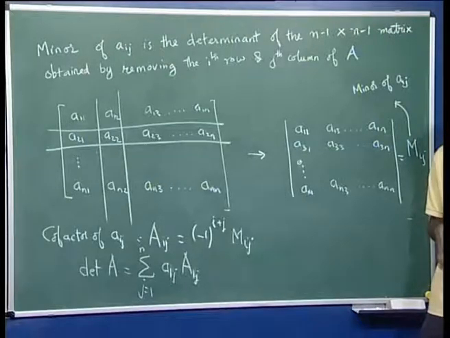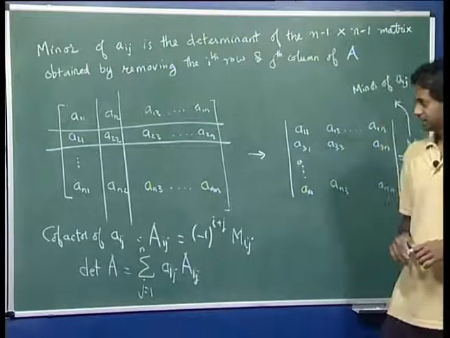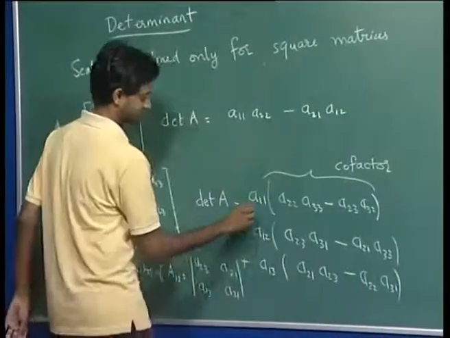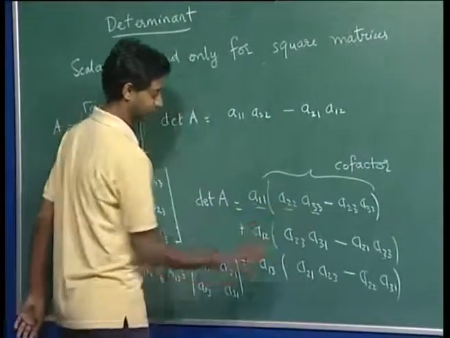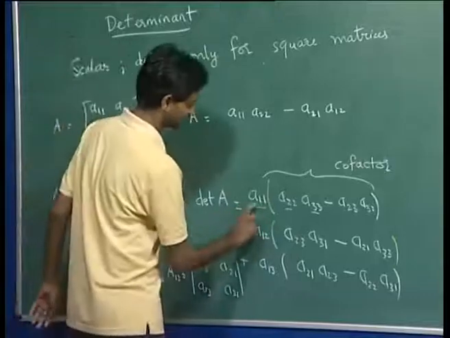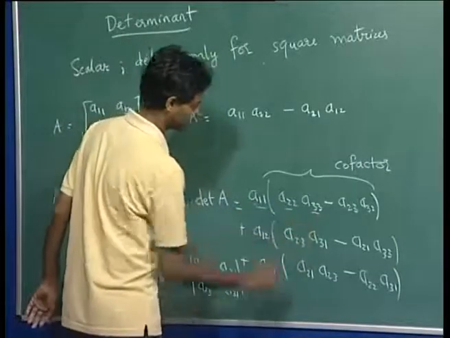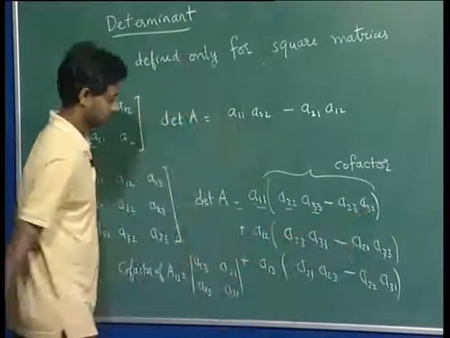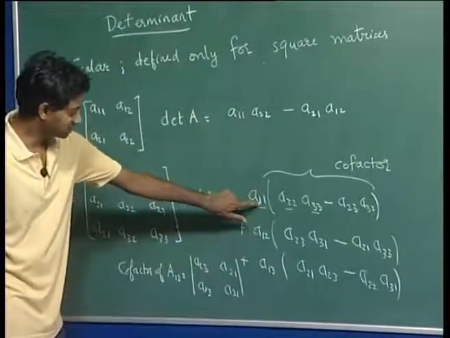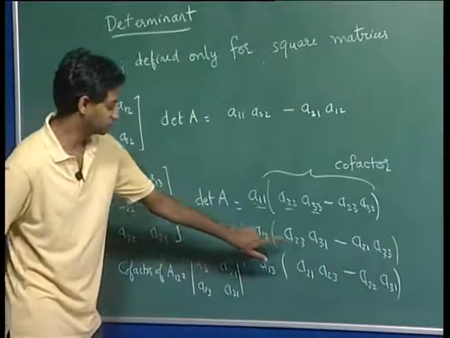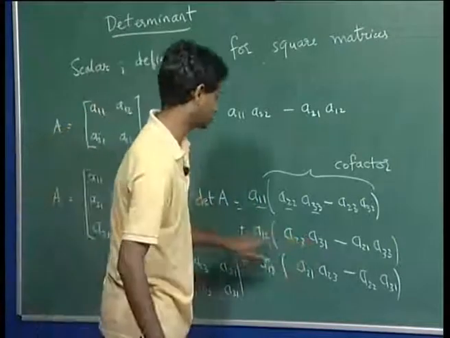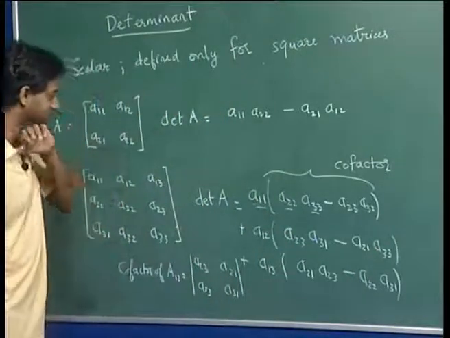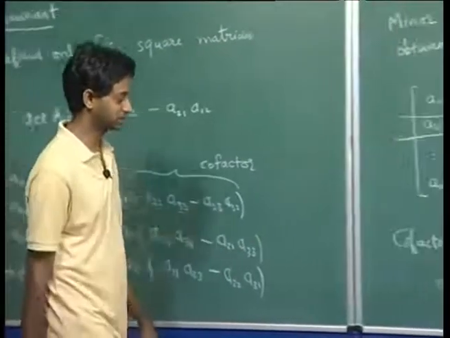Now a thing to note is that if you look at the various terms, this is A11, A22, A33, then you have A11, A23, A32, and then A12, A23, A31, A12, A21, A33. So each term in the determinant has a form.